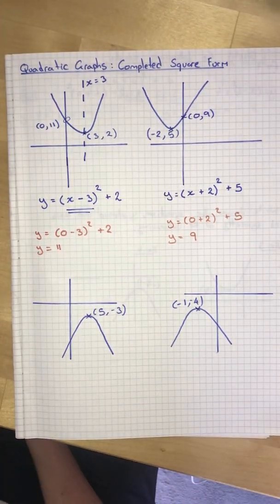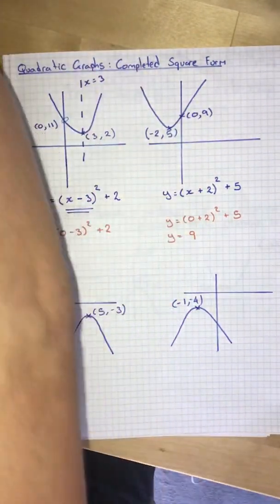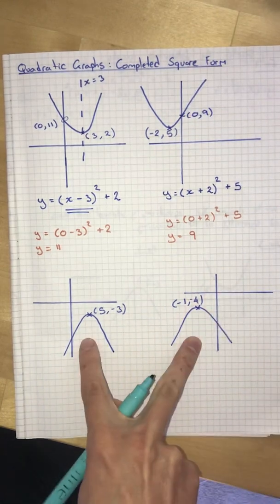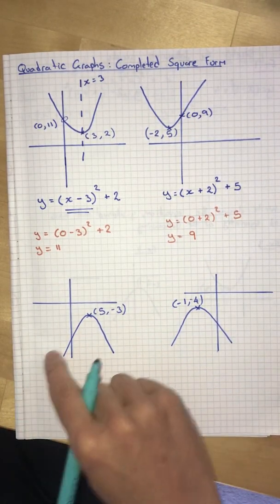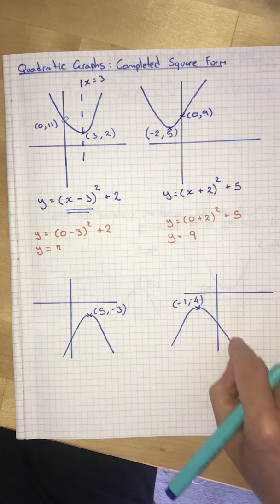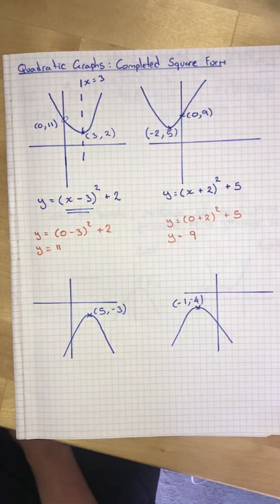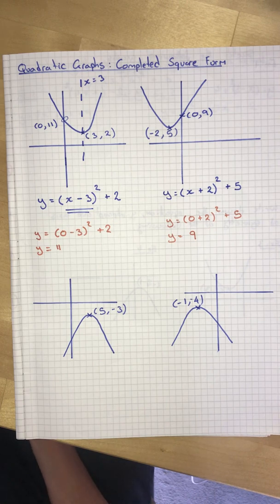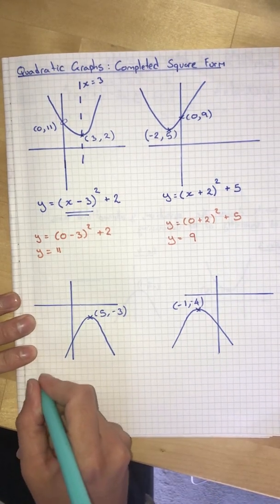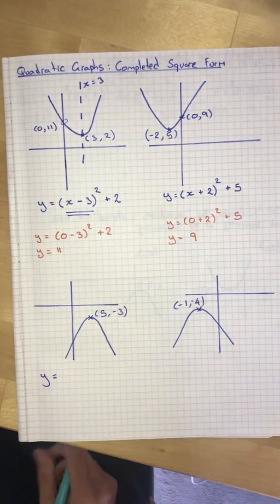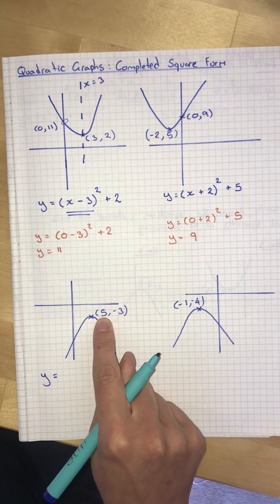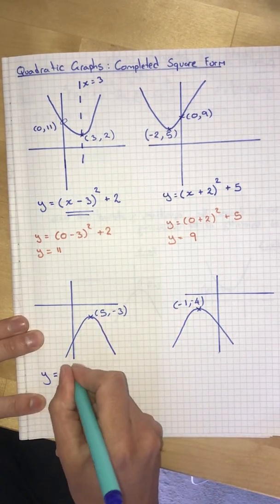Okay. So the main difference between these two and these two is that these have maximum turning points instead of minimum turning points. And if you remember from quadratics, that means the coefficient of the x squared is going to be negative. Okay, but I'll show you how to deal with that. X coordinate, we still treat that the same. Change the sign of it.